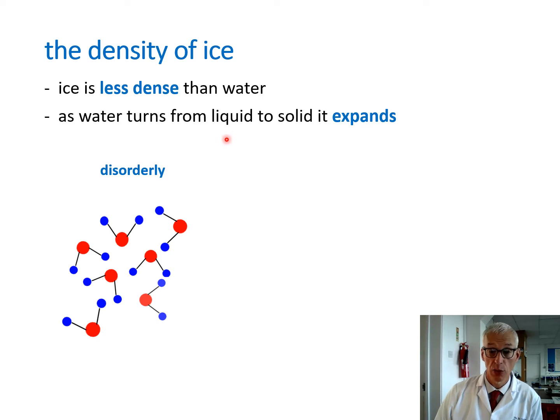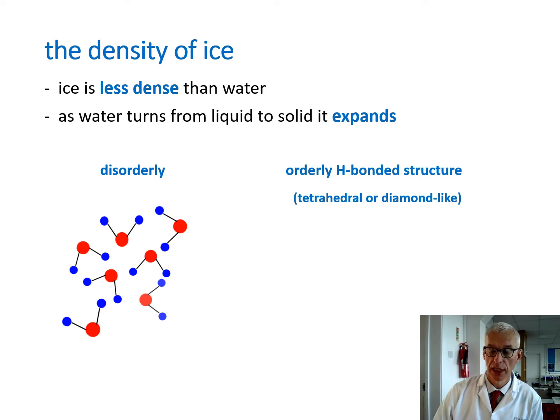And in that disorderly arrangement, the water molecules can fit relatively close together. However, if we then look at the arrangement in the frozen solid, we assume, or we explain the expansion on the basis that there is an orderly hydrogen bonded structure created.